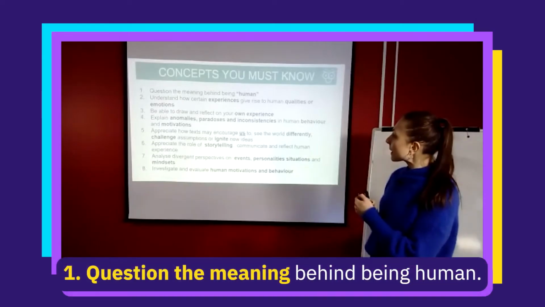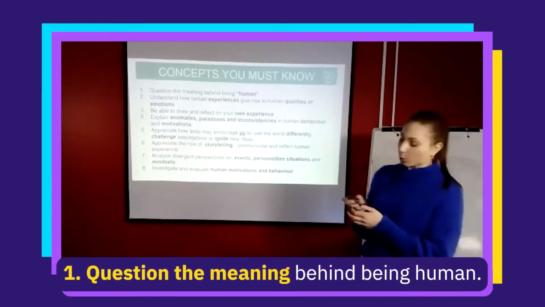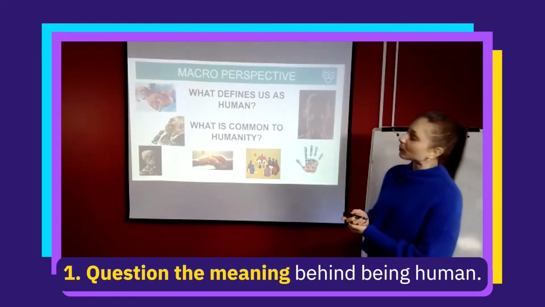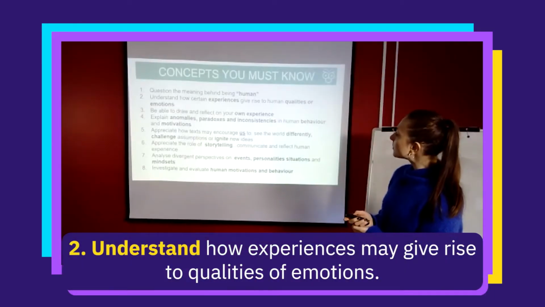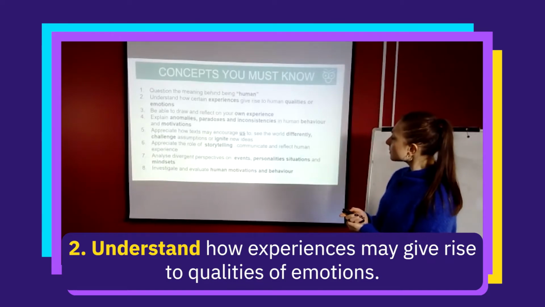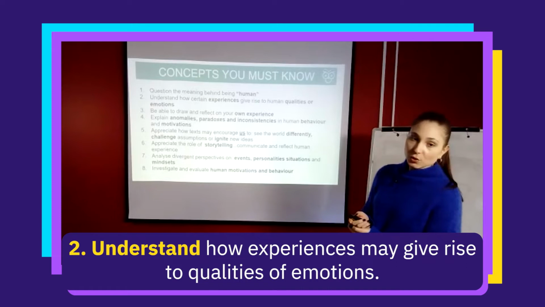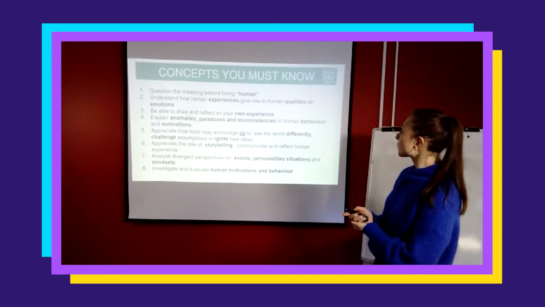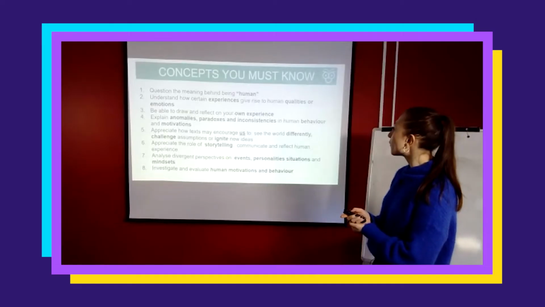So question the meaning behind being human, which harks back to my earlier question, what defines us as human? Understand how experiences might give rise to qualities or emotions. For example, how a challenging experience might give rise to the quality of resilience.